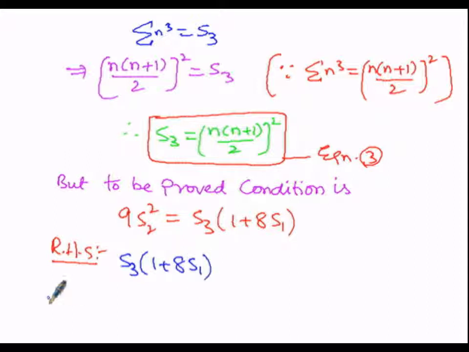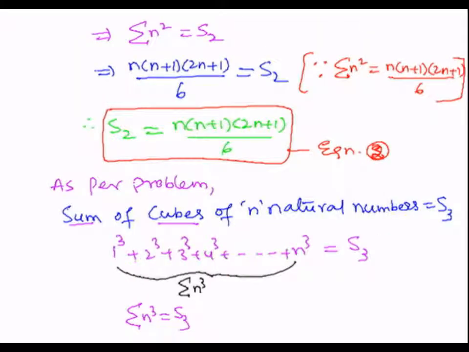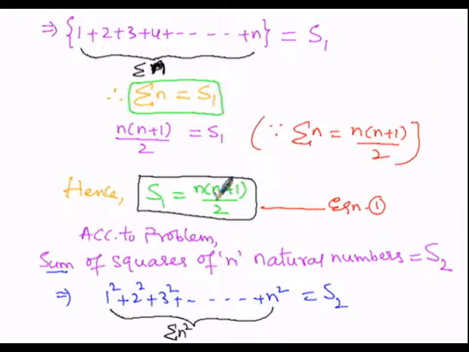So that implies S3 is n into n plus 1 by 2 whole square. So n into n plus 1 whole divided by 2 whole square, bracket 1 plus 8 into S1. So here the first equation is S1 is given by means of n into n plus 1 by 2.